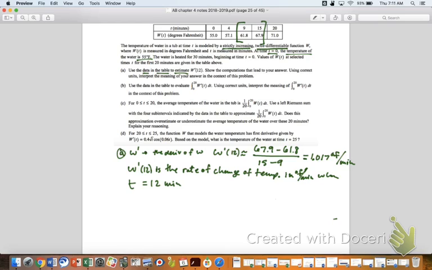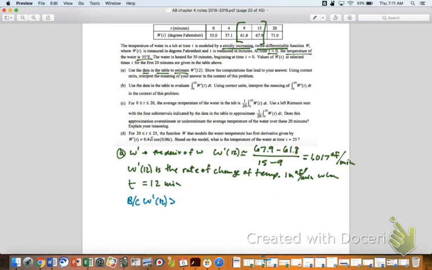Okay, so this would be probably the most generic way of putting this. You could also say this. I think this would be a little bit better. You could say because W prime of 12, at least from our estimate, appears, well, actually we know for sure this is true because W is strictly increasing.